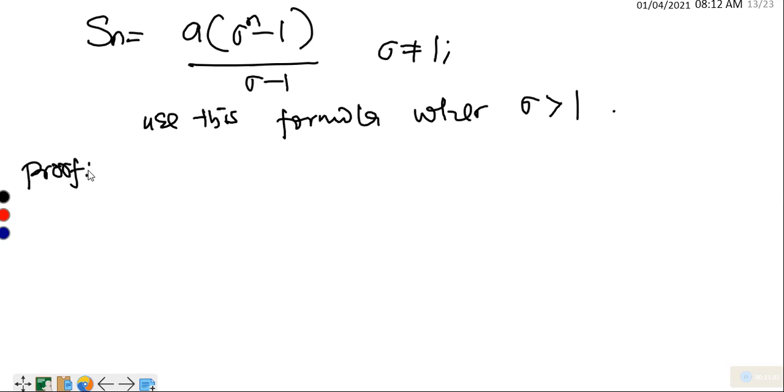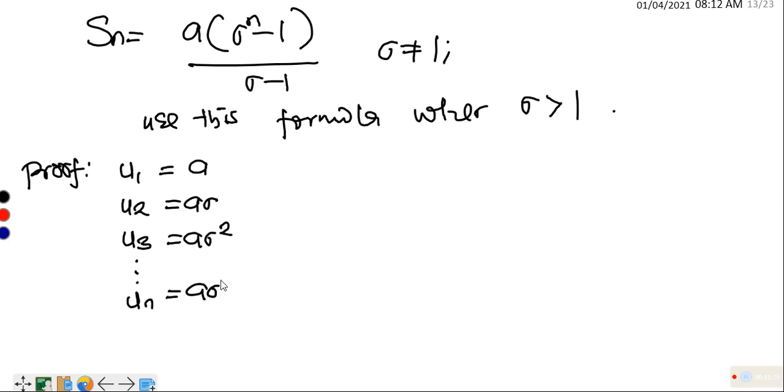Now remember, we have the following for a geometric sequence: u1 is a, u2 is ar, u3 is ar squared, up to un, which is ar raised to power n minus 1, where a is the first term and r is the common ratio.